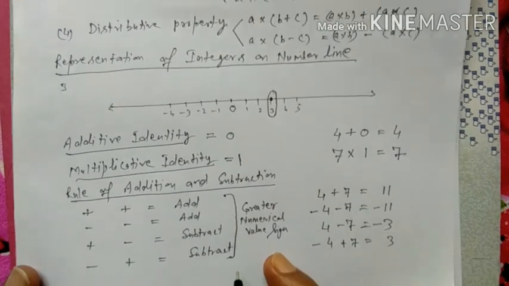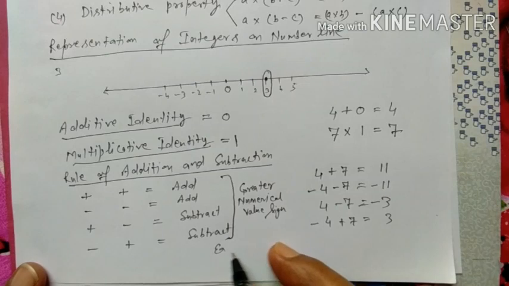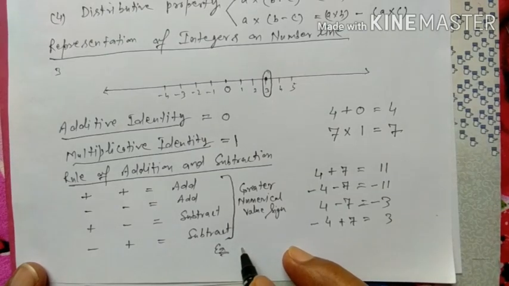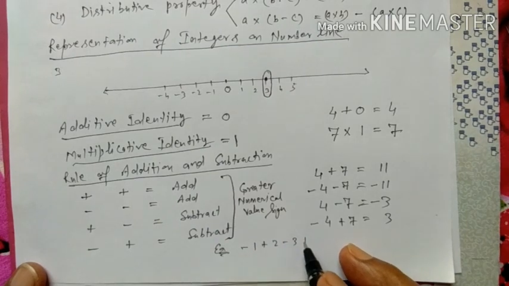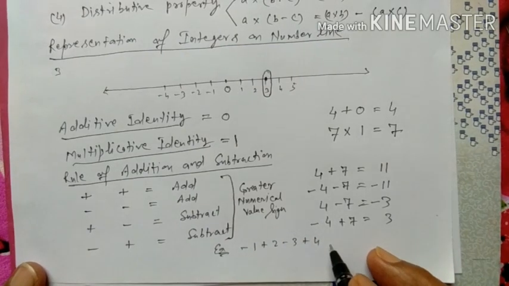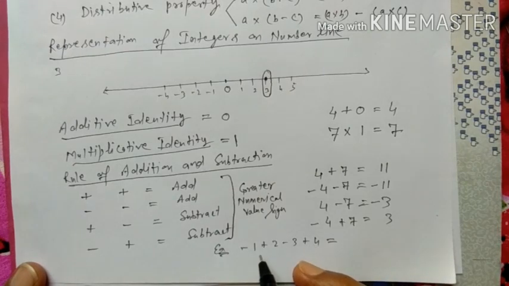Take an example: minus 1 plus 2 minus 3 plus 4. What will be its value? So we will add the negative numbers, minus 1 and minus 3.